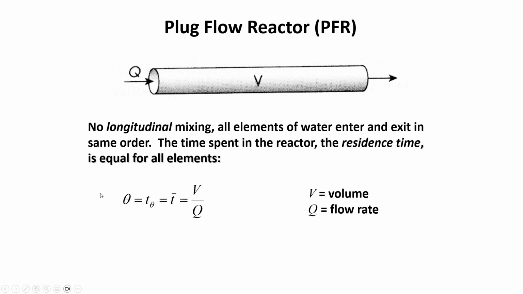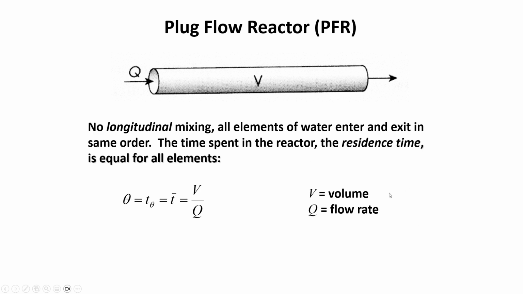Now, by the way, different books and different equation sheets have different symbols that they use for hydraulic detention time. Sometimes you'll see theta for hydraulic detention time, T sub theta, or T with a bar over it. It basically means how long the liquid spends on average inside of the reactor. You can calculate that by the volume divided by the flow rate.